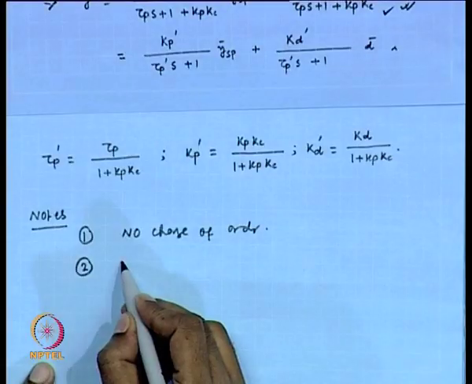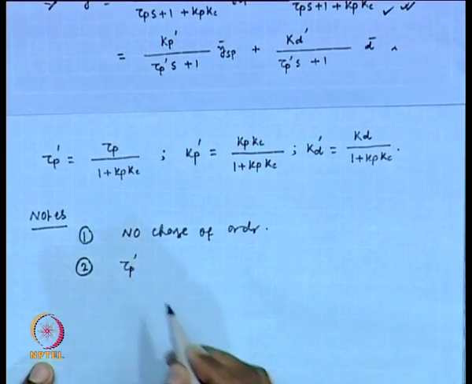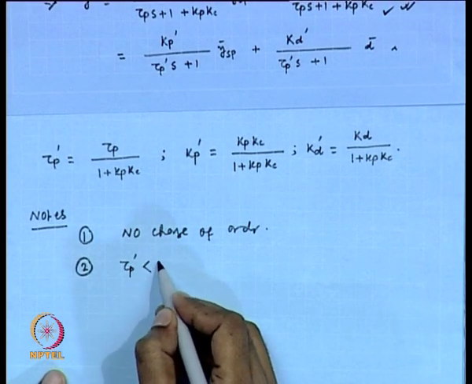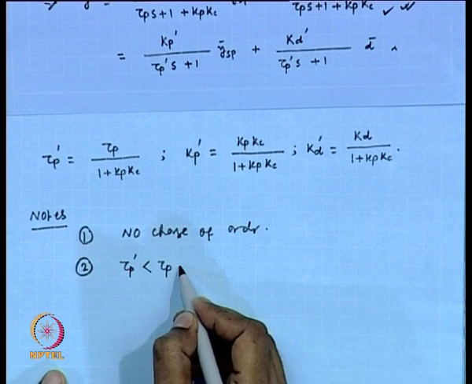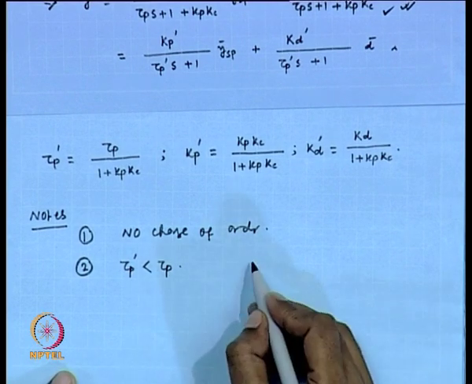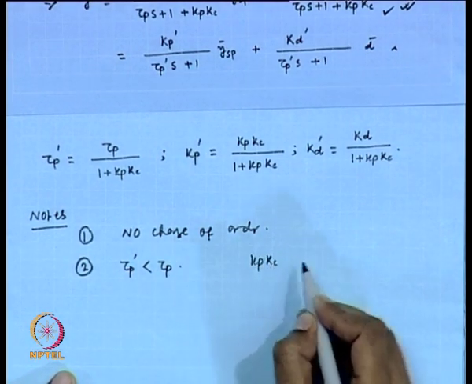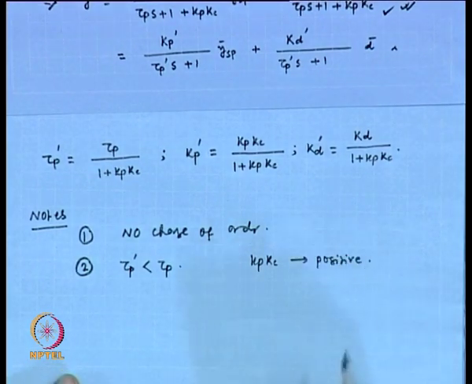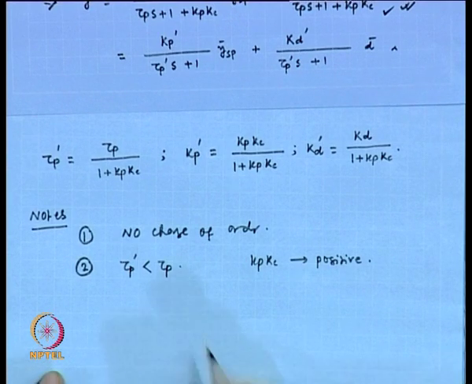Second conclusion is based on tau p prime. Tau p prime is less than tau p, and Kp Kc is always positive, and therefore, tau p prime is less than tau p.